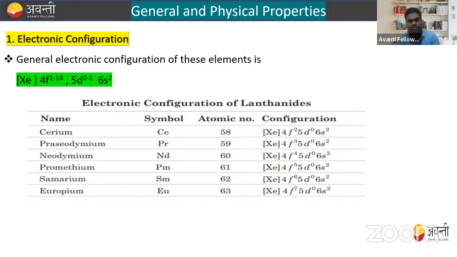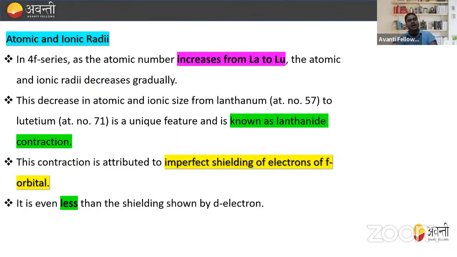Just remember europium out of these, because europium has a half-filled electronic configuration, which makes it very stable. Europium has the electronic configuration Xenon 4f7 5d0 6s2, right? This is how we can write the electronic configuration of the 4f series of the f block element.